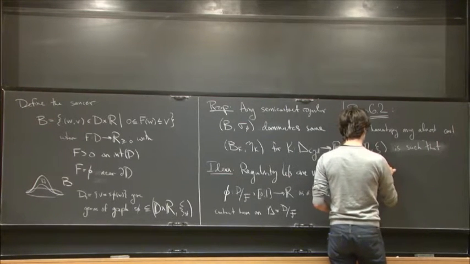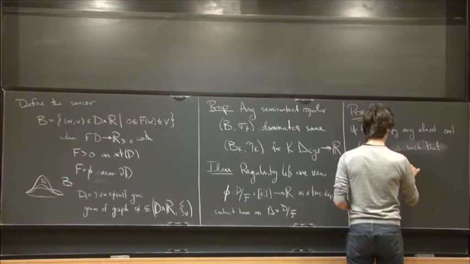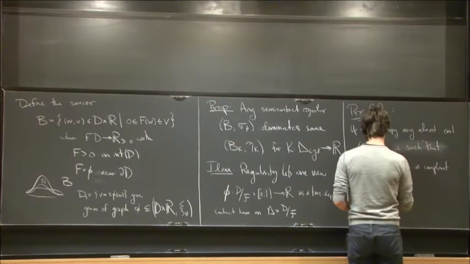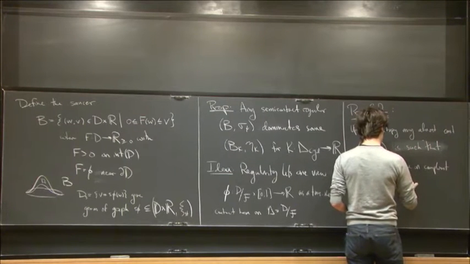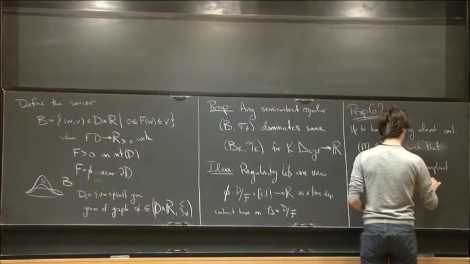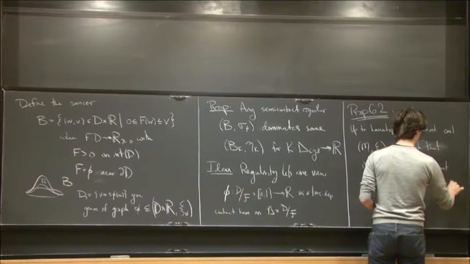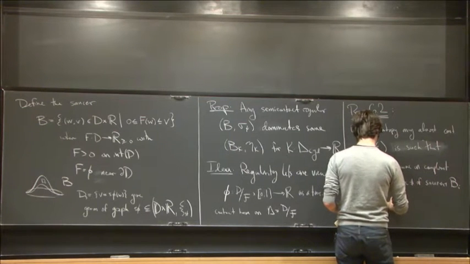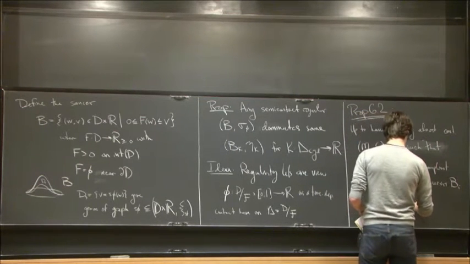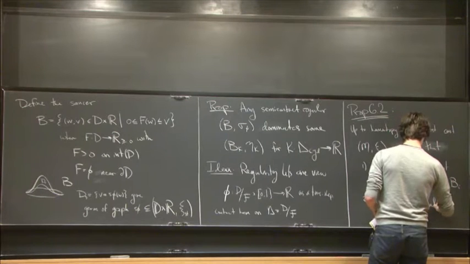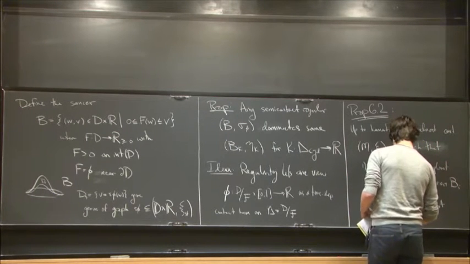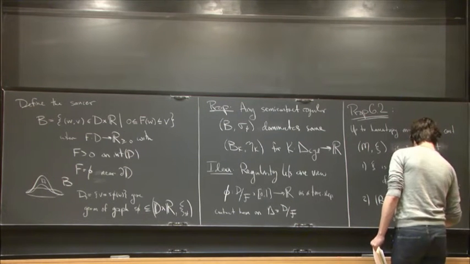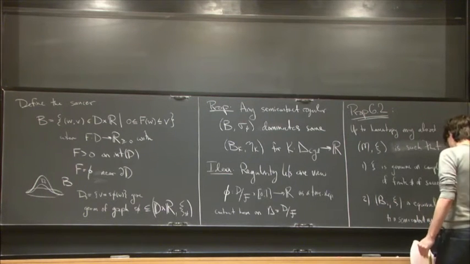1, this is genuine on the complement of a finite number of saucers, and 2, on each saucer it is equivalent to a semi-contact regular saucer.